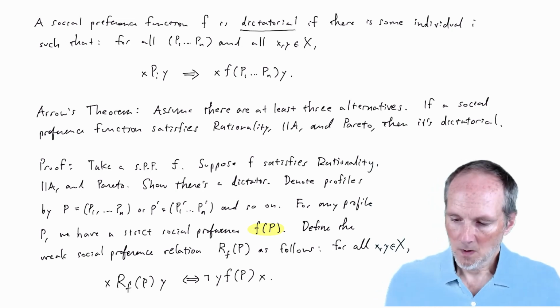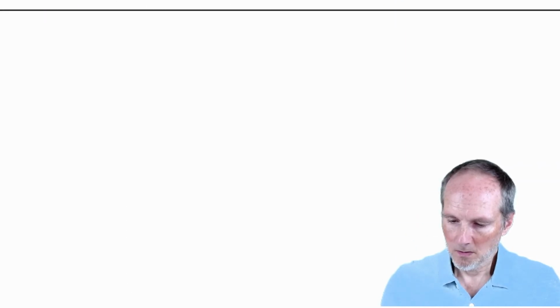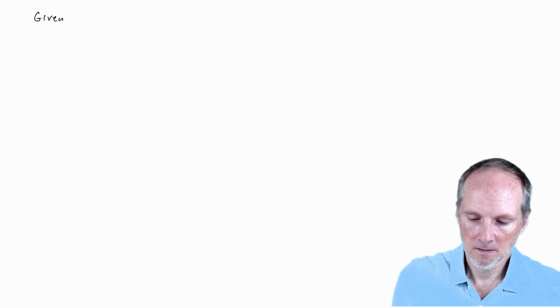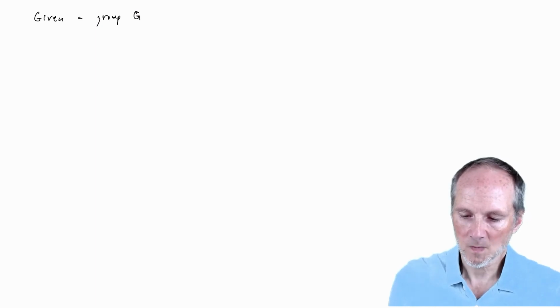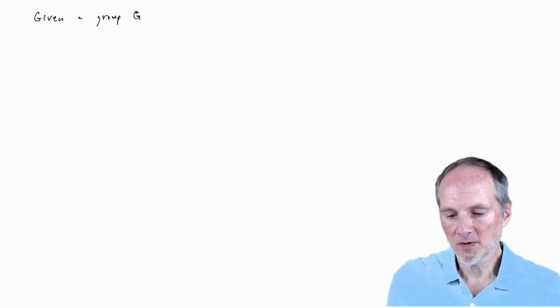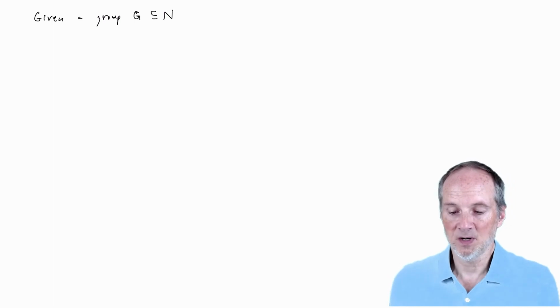So now that we have the social preference function, we're going to be talking about groups of individuals. And I want to define a property of groups. Given a group of individuals, I'm going to use a G to denote groups of individuals. And if you remember this set inclusion notation, this is just saying that the group is composed of individuals.